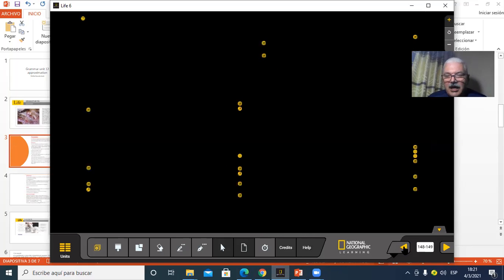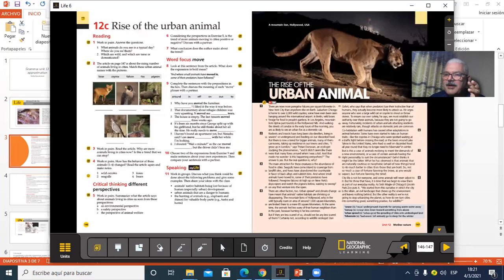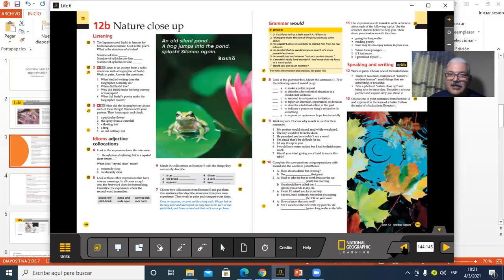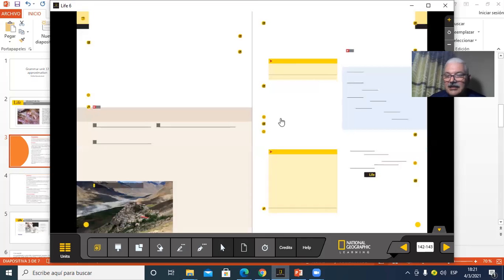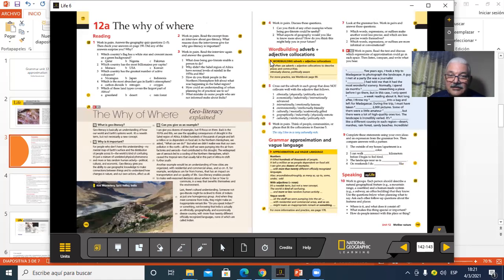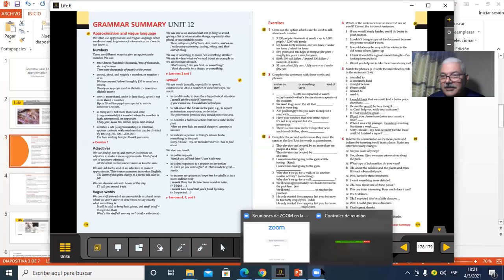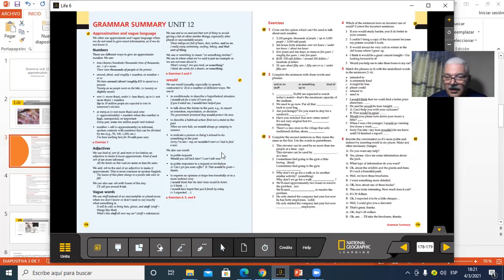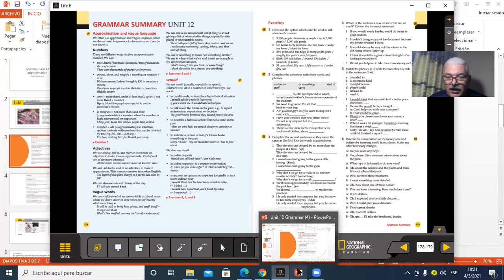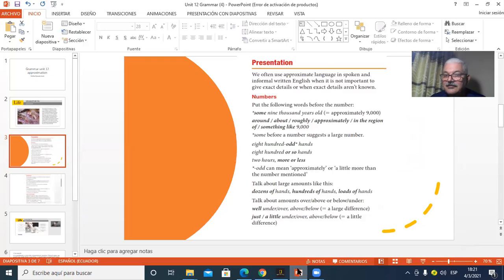Well, first, when we don't know exactly these numbers, we may use other words that are also referred to this fact, okay? So for instance, in the first case, we say, as you can see here, okay, let me see. Wow, it's raining cats and dogs. Well, as I said, in this case, you can say that we may use some, which is indefinite.